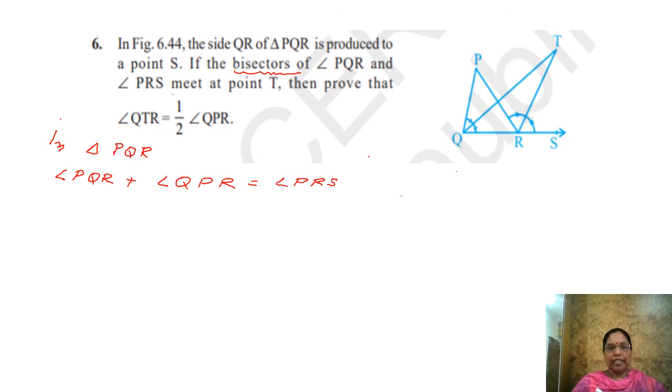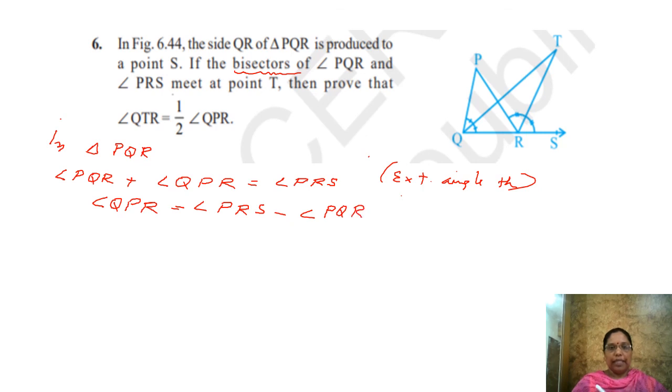That is our exterior angle theorem. That is why we are getting it. Angle QPR is equal to angle PRS minus angle PQR.